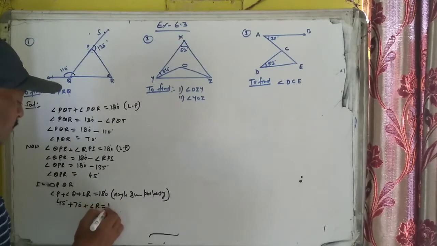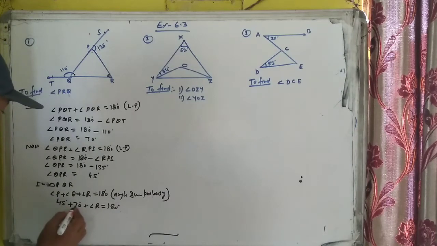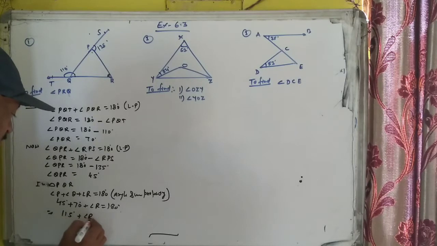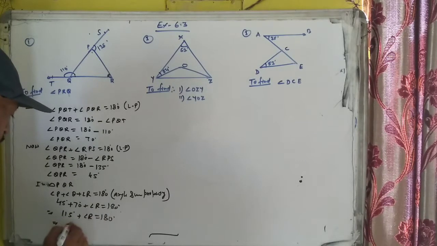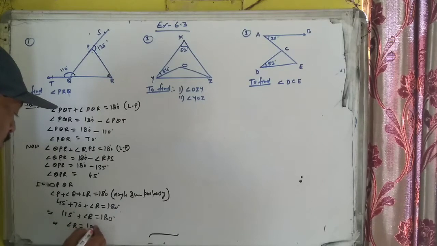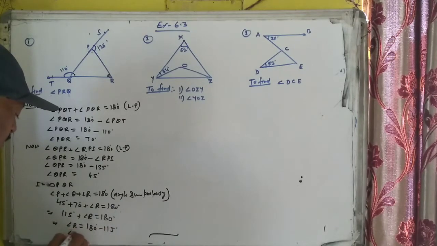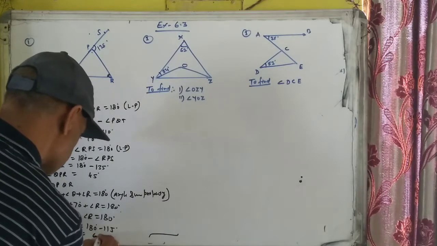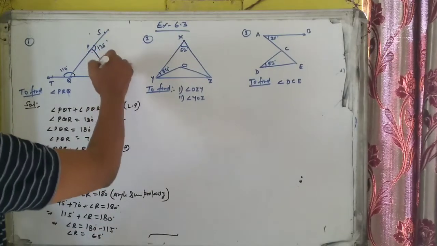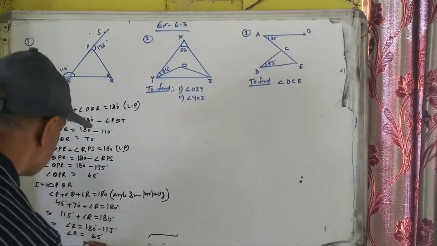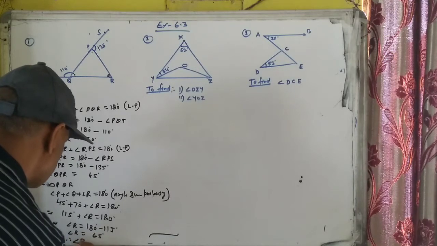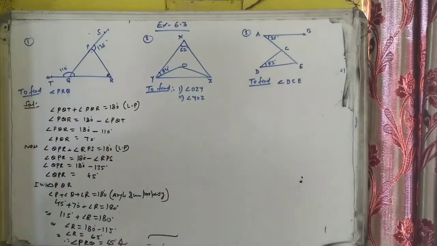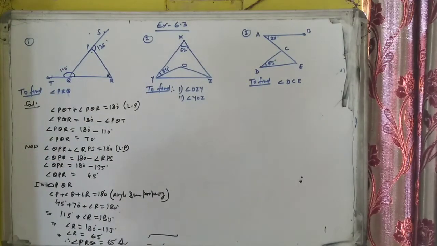So we can get R. The sum of these angles will be 115. So angle R equal to 180 minus 115, and this is 65 degree. It means angle PRQ equal to 65. So in this way we get the value of angle PRQ.